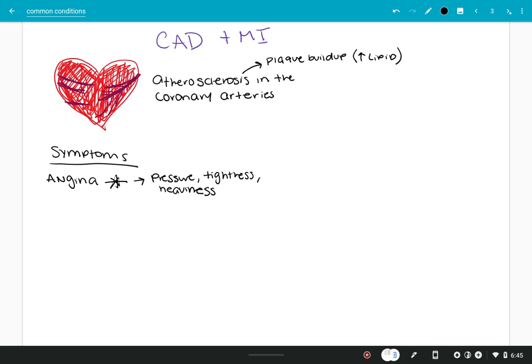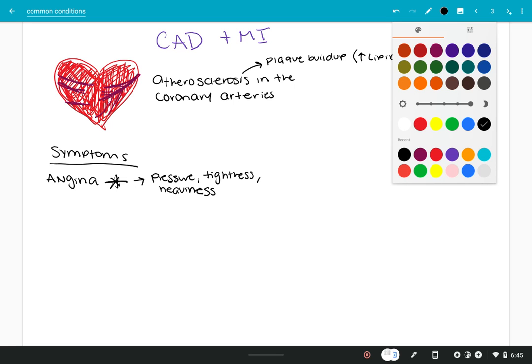Somebody coming into the clinic with angina is going to be grabbing their chest, and they say that the pain feels like pressure, tightness, heaviness. I don't know if that helps you. That helps me to remember. So that's the main symptom of coronary artery disease. But there's different types of angina.